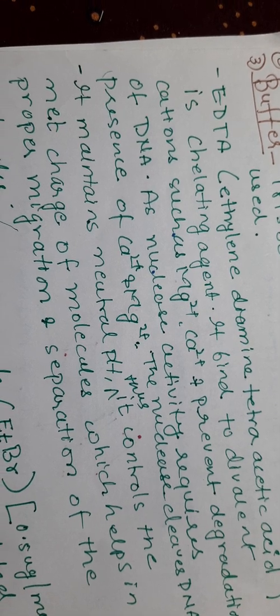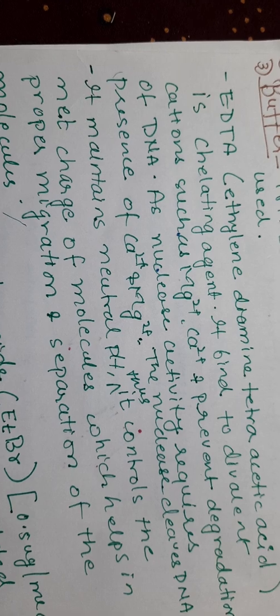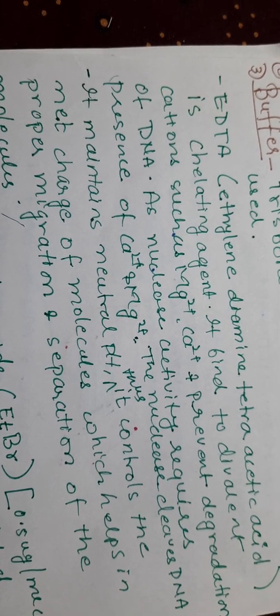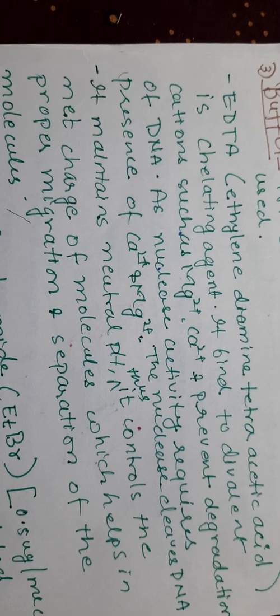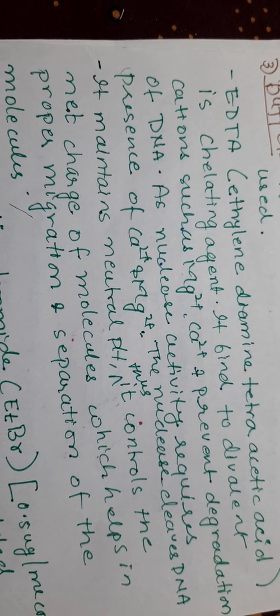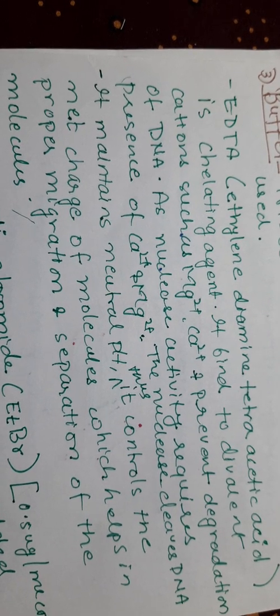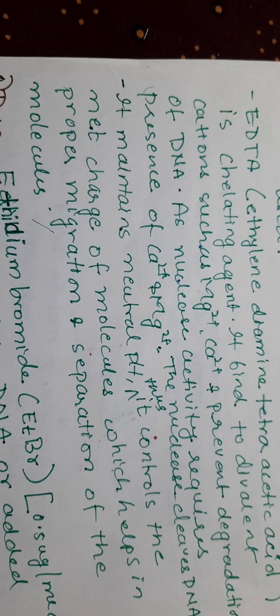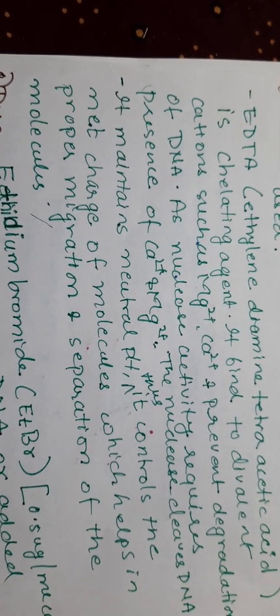These divalent cations are required by nuclease enzymes, like DNases or RNases. DNases act on the DNA and degrade it, and their requirement is calcium and magnesium. When calcium and magnesium are not made available to DNases, they cannot do their function, and in this way degradation of DNA is prevented.